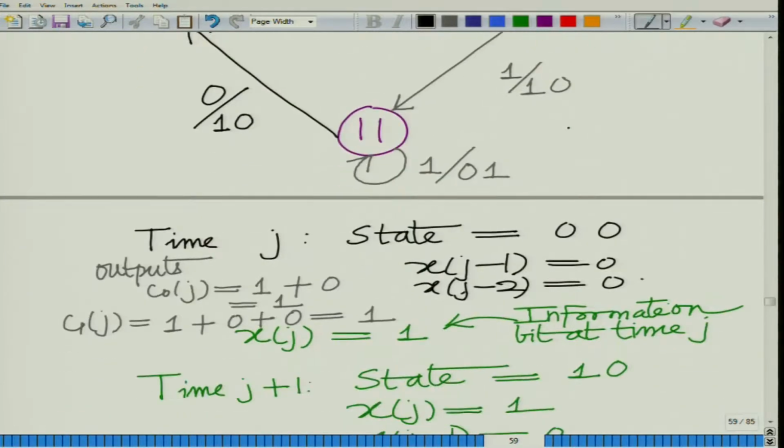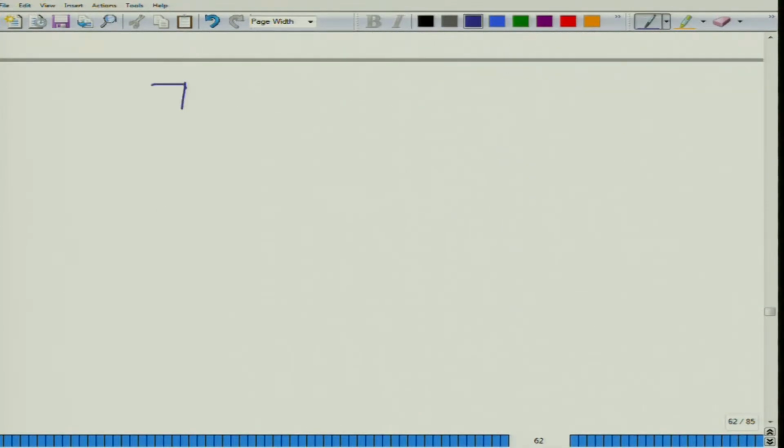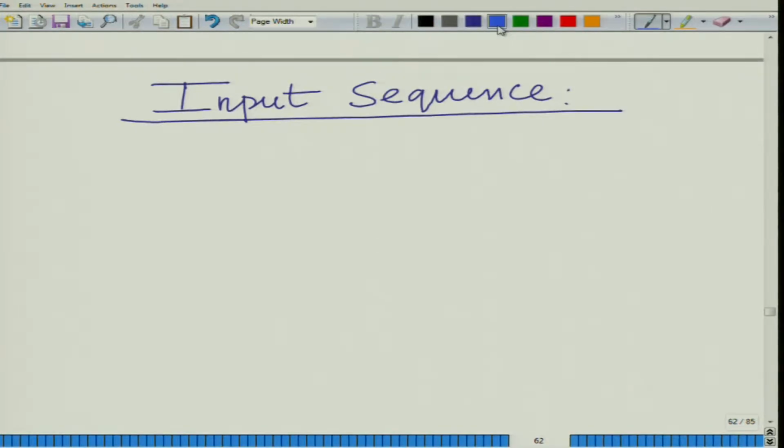For instance, now let us look at a particular input sequence and let us see what is the corresponding generated coded output sequence.